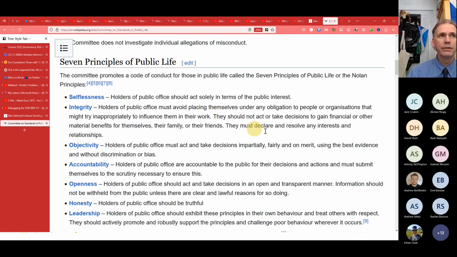That you have integrity. You don't take decisions for financial gain for yourself or your friends. It would be unthinkable under the Nolan principles, for example, to set up a VIP lane to have your friends being given public contracts for vital public health procurement. That just wouldn't be allowed.